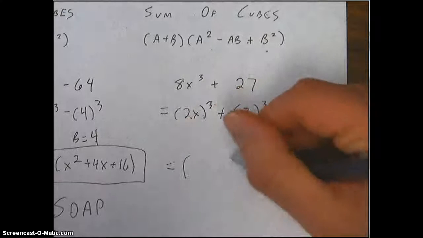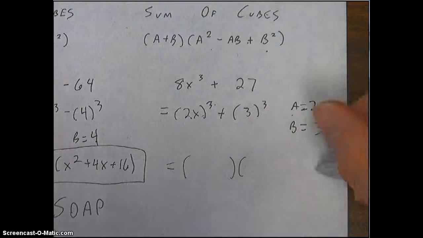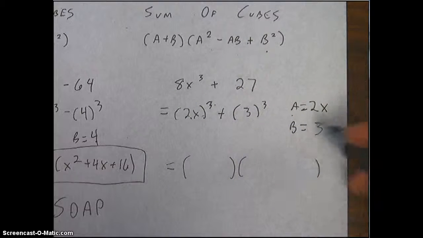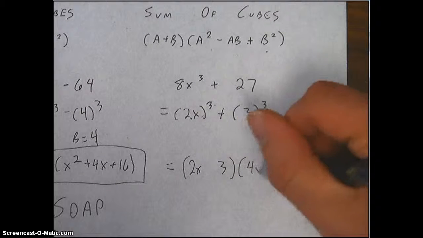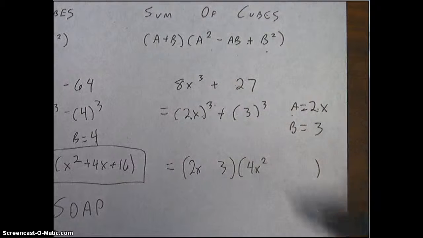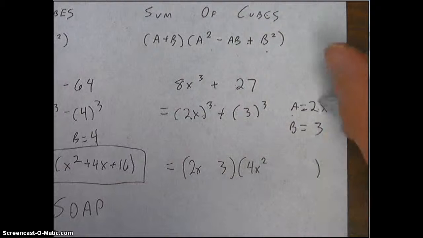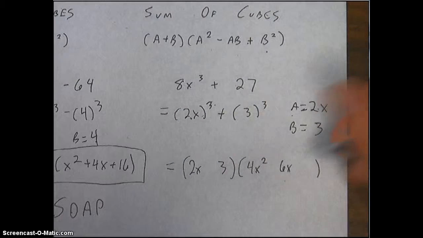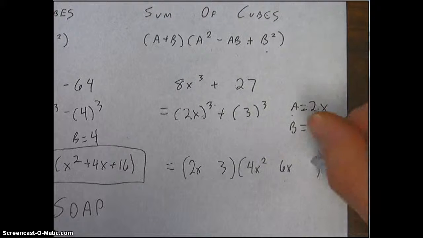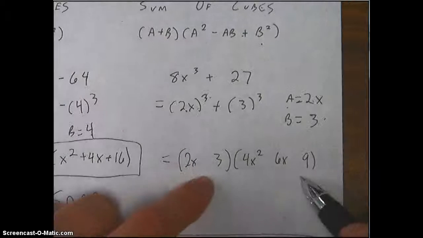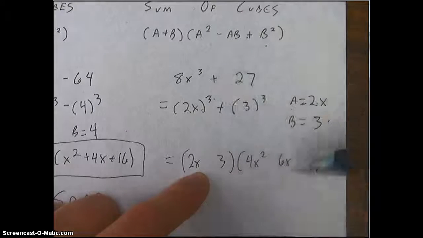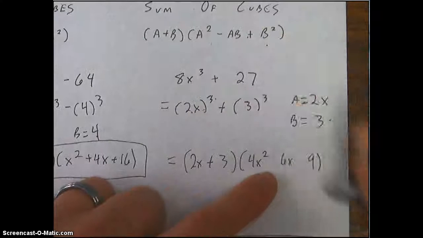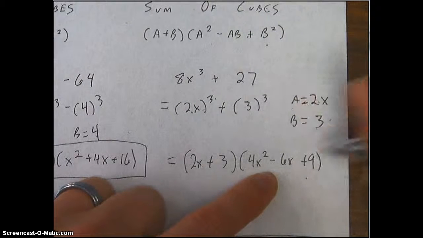This time I'm just going to write in the numbers, and I'm not going to worry about the signs until the end. I know I've got my a something b, a squared, because 2x squared is 4x squared, a times b, 3 times 2x is 6x, and then b squared is 9. Well, how do I know if they're pluses or minuses? Remember SOAP. Got a plus sign, so it's the same, opposite, always positive.